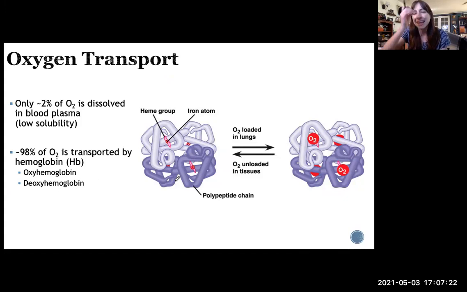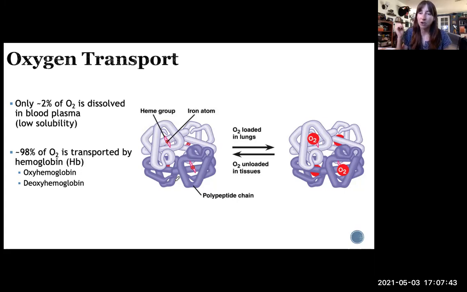And there are physics and chemistry reasons for why there's a greater affinity for oxygen at the lungs, and why the affinity for oxygen in the tissues outweighs the affinity that hemoglobin has at the tissues to allow hemoglobin to let go. And it's really important that that balance is maintained.